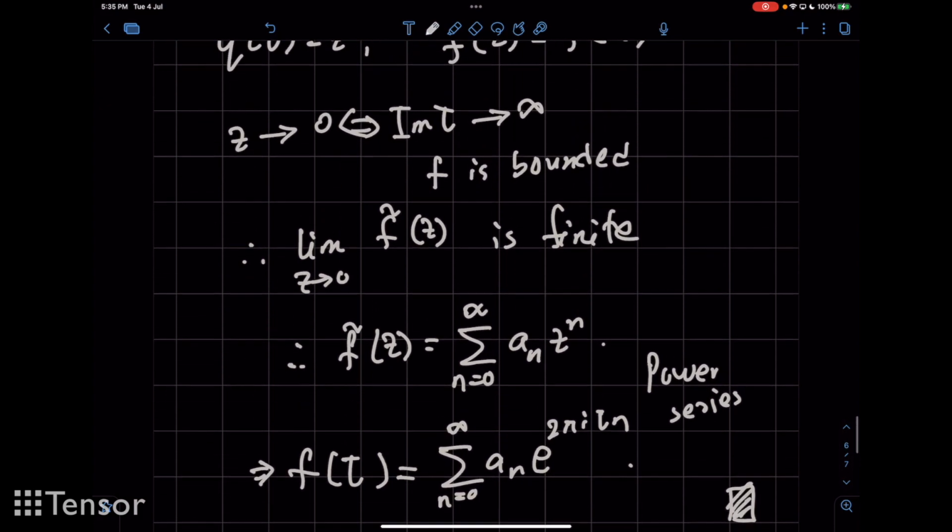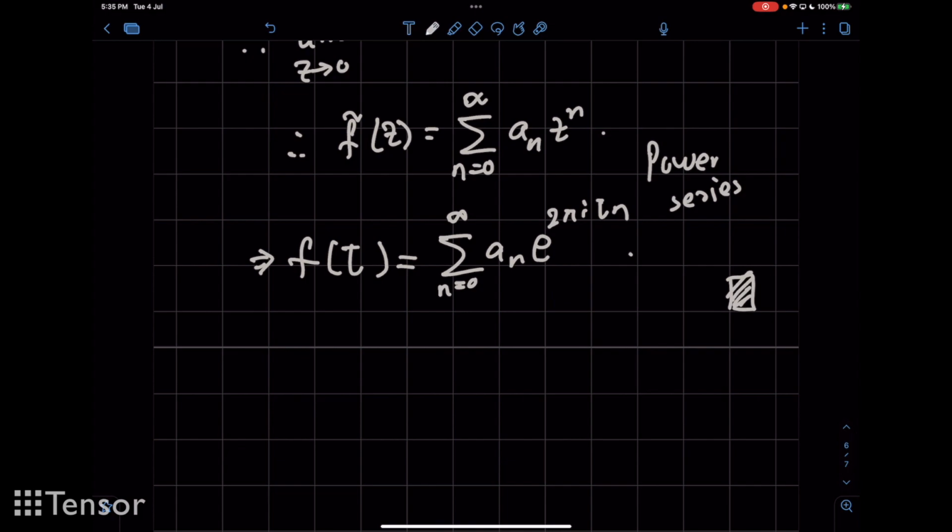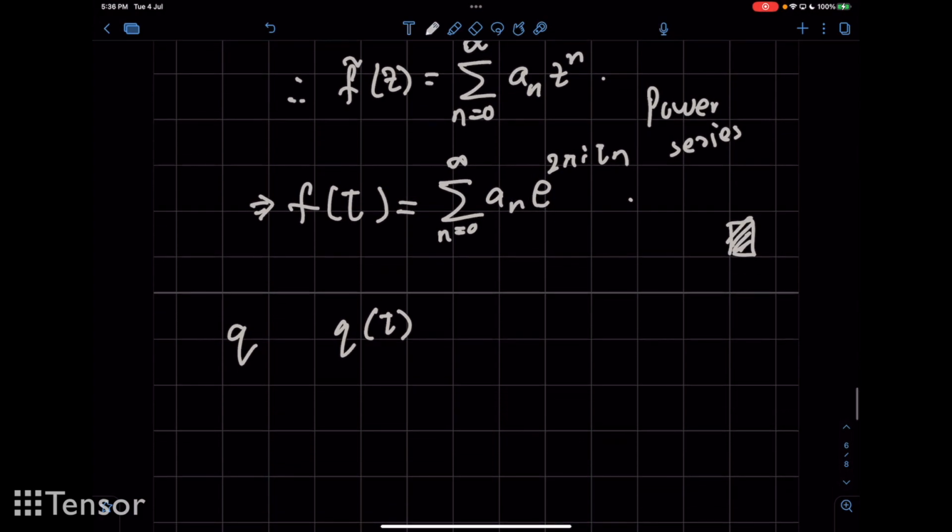Okay. So it's a common abuse of notation to write q and q of tau with the same symbol. In a lot of the literature you can see this abuse of notation. So then f of tau is written as the sum of a_n q^n.